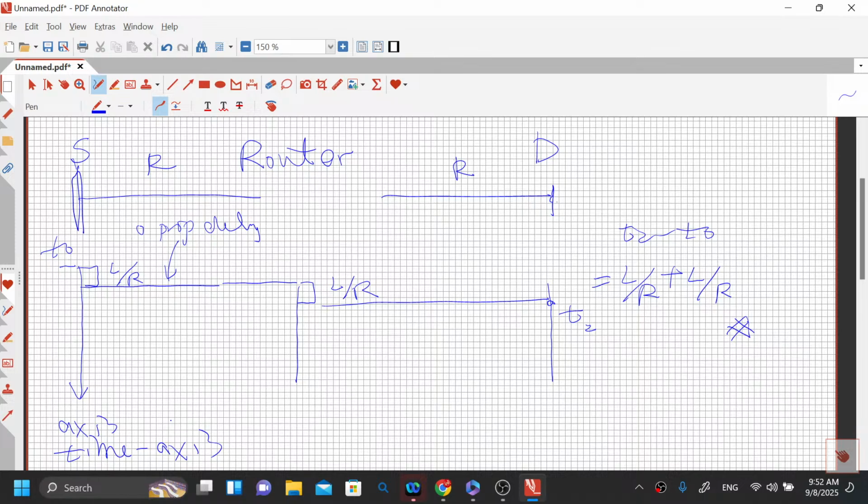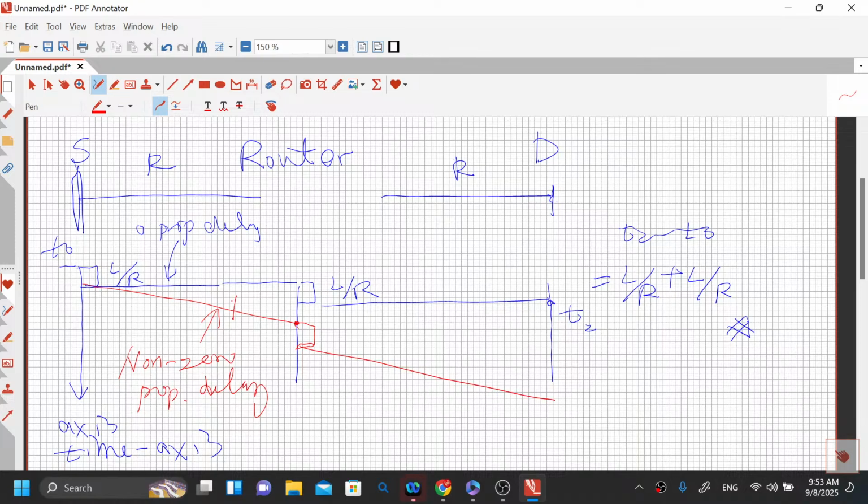Well, if it is not zero propagation, for example, if we have a non-zero propagation delay, you should draw this again, and maybe a different one.